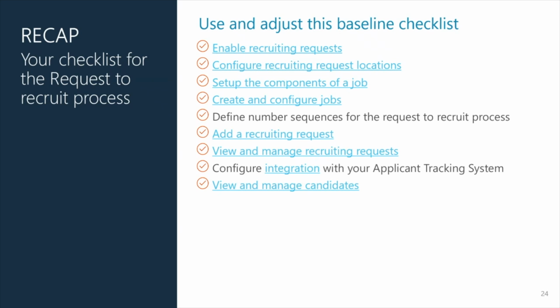And then again, once you start bringing those candidates back into the system, you can view and manage those candidates directly in the application, and then you start that hiring process. The hiring process is obviously the final step, and we did actually talk about that in our personnel management part 1 of the Tech Talk.